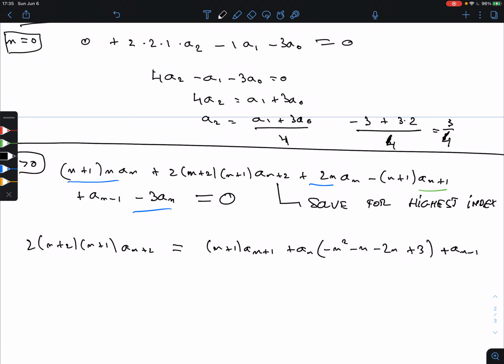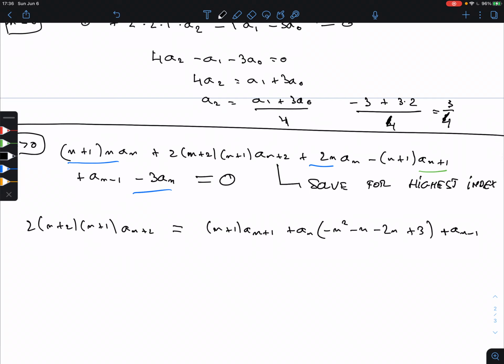So we should perhaps solve for this. Let's work out this coefficient. This is minus n squared minus 3n plus 3, and for some reason this is not exactly what they have. What did I do wrong?